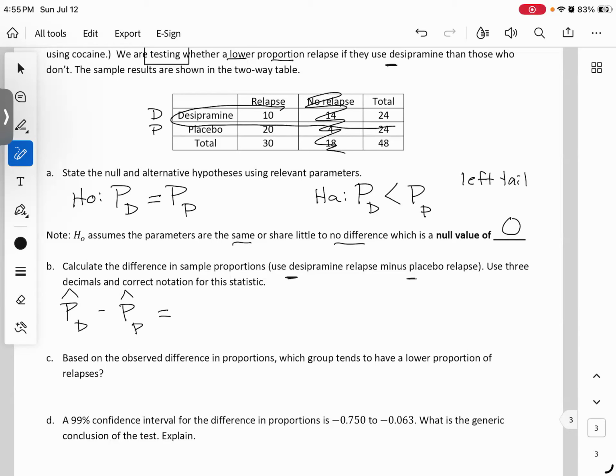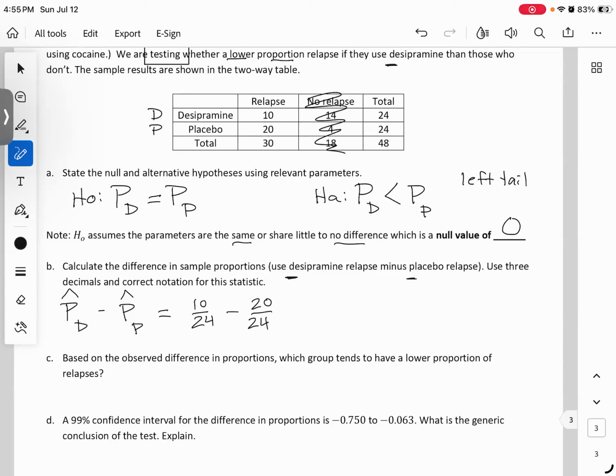So 10 out of 24 who are using the new drug relapsed, minus 20 out of 24. And already you can see a big difference there. 10 versus 24, like almost double the amount relapsed when they were using the new drug.